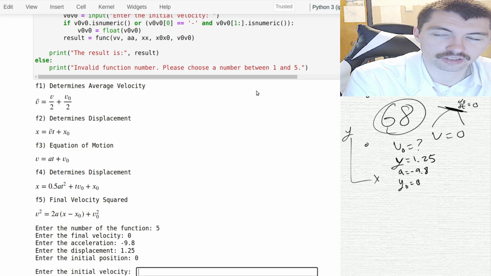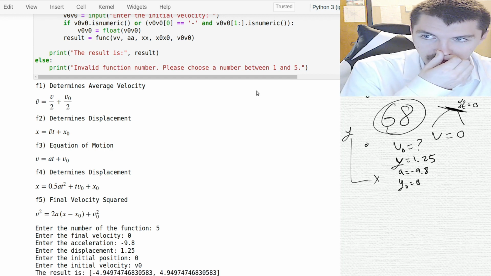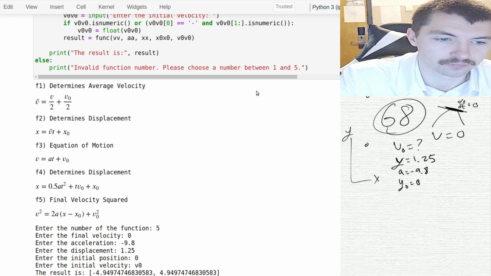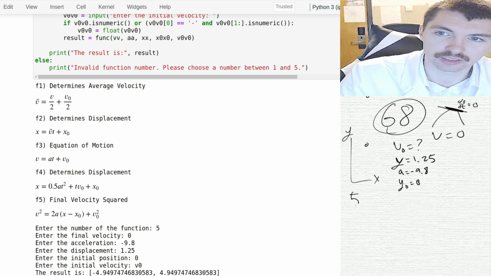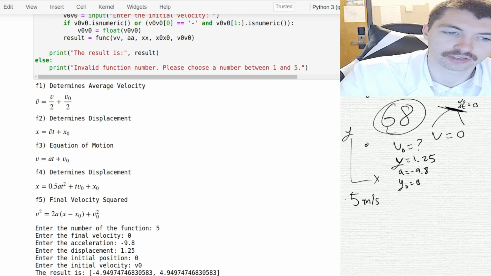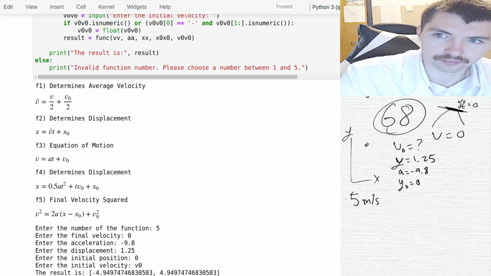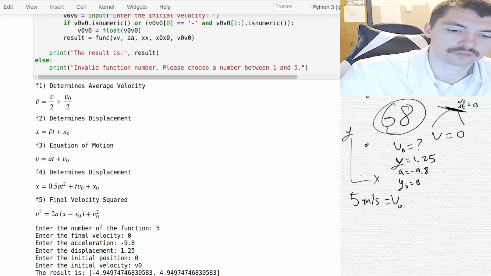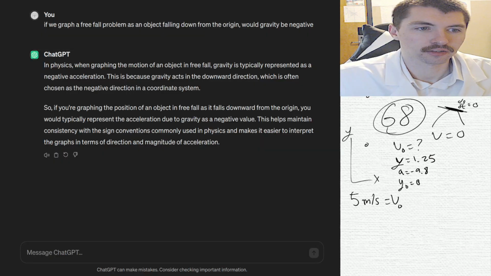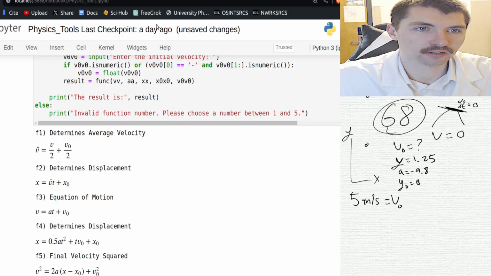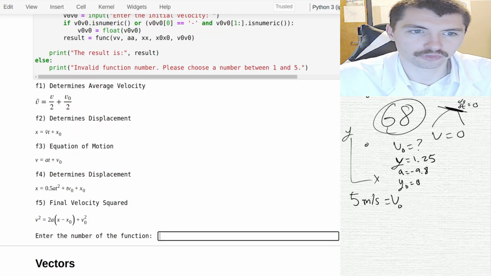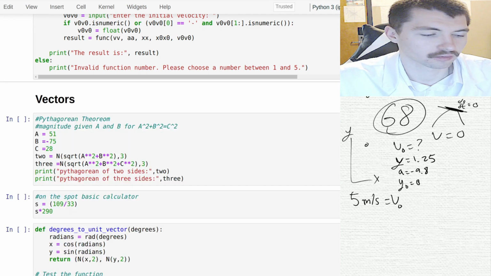Initial velocity is v naught. That's what we want to find. So I'm getting 5 meters a second. I don't think there's too much to say about that, so we can move on. Sorry.